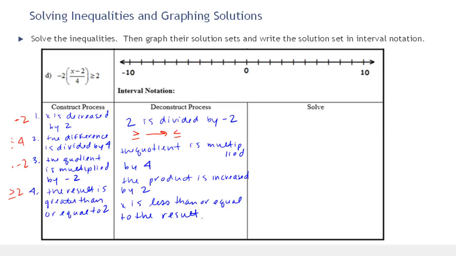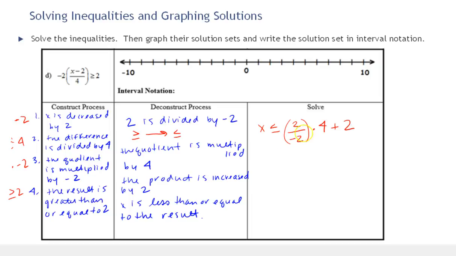Okay, now let's write this out in the solve column. So x is less than or equal to, I'm just going to get that ready, and now I'm going to go through this process. 2 is divided by -2, the quotient is multiplied by 4, and then the product is increased by 2.